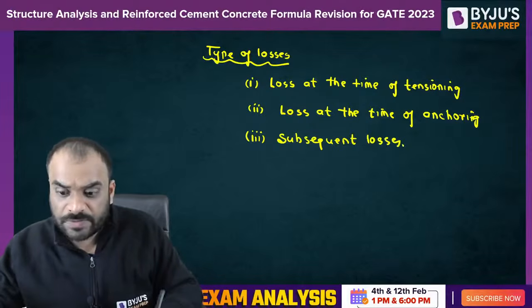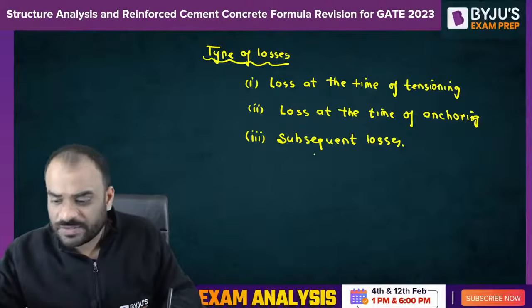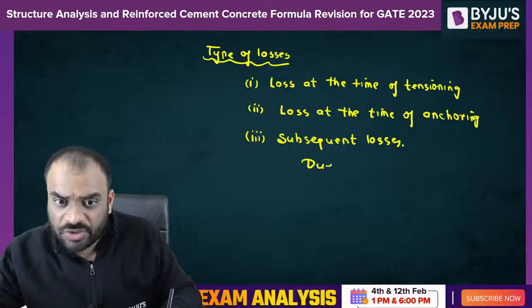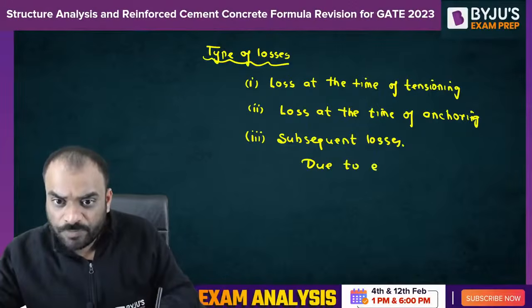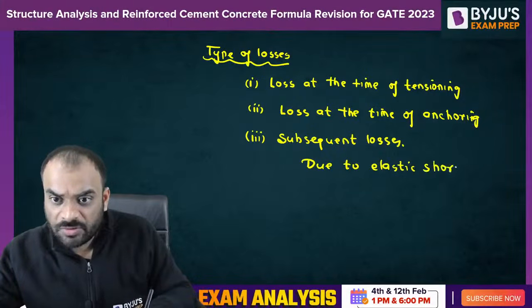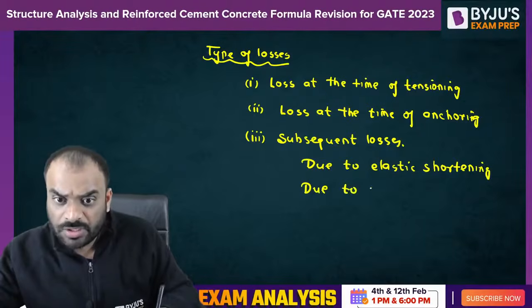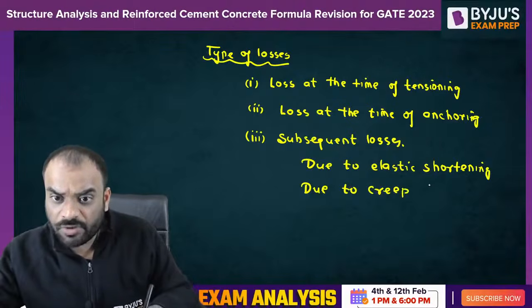In subsequent losses, guys, we will have various conditions, like due to elastic shortening. Second one is due to creep of steel and creep of concrete.